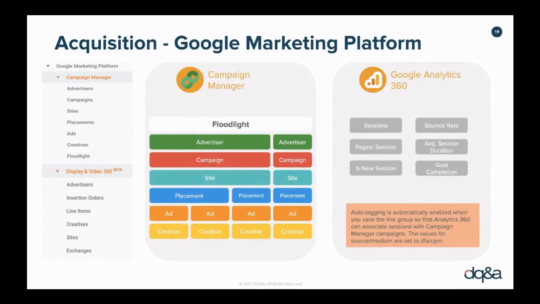However, I still want them to communicate with each other and leverage data that I have in Google Analytics with the right set of advertisers or campaigns that I am running in Campaign Manager.